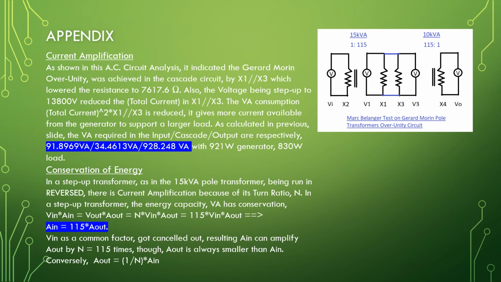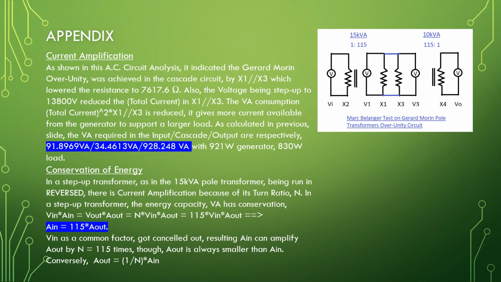Also, the voltage being stepped up to 13,800 volt reduced the total current in X1 parallel X3. The VA consumption, total current squared times X1 parallel X3, is reduced. It gives more current available from the generator to support a larger load.